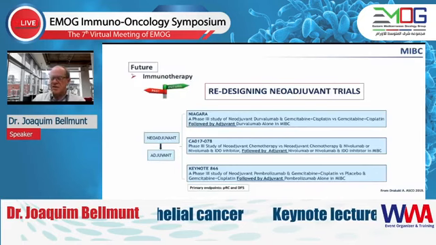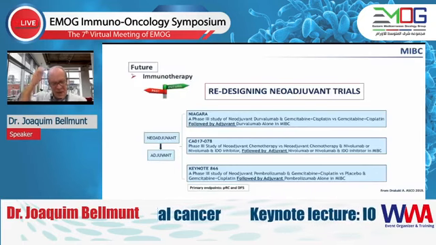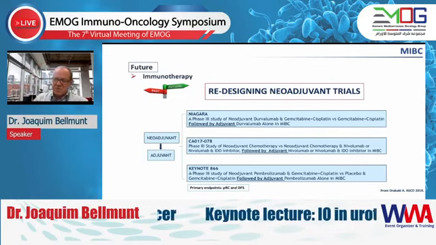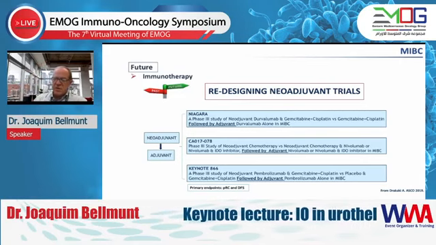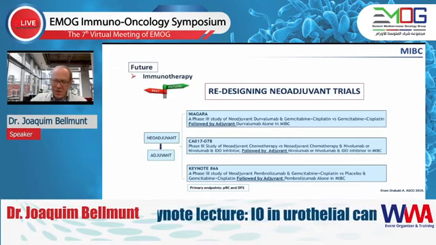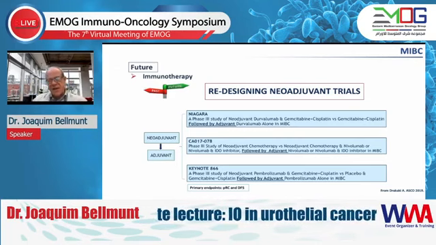So still, this trial has not been published. However, nivolumab is likely going to be a potential option because the main endpoint, that was disease-free survival, was met. And there are other trials in this perioperative bladder cancer space.